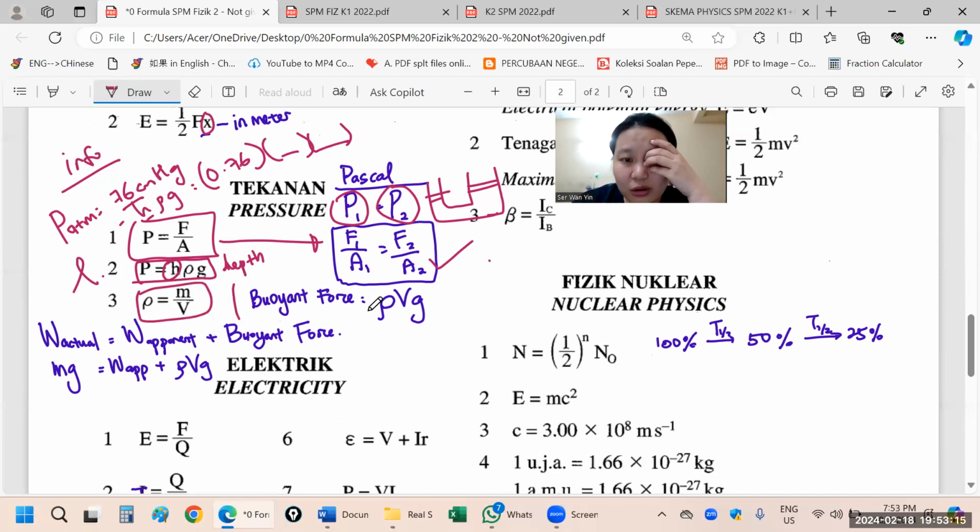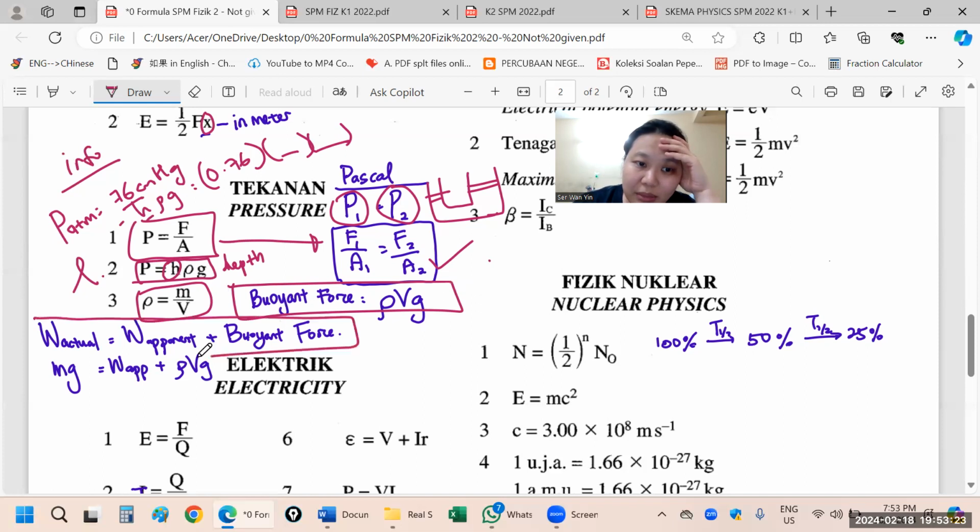Okay, and one more formula not given. Buoyant force equals rho Vg. Okay, rho Vg, and this is Archimedes' principle. Actual weight equals apparent weight plus buoyant force. So actual weight is mg. Apparent weight has no formula, but buoyant force is rho Vg.